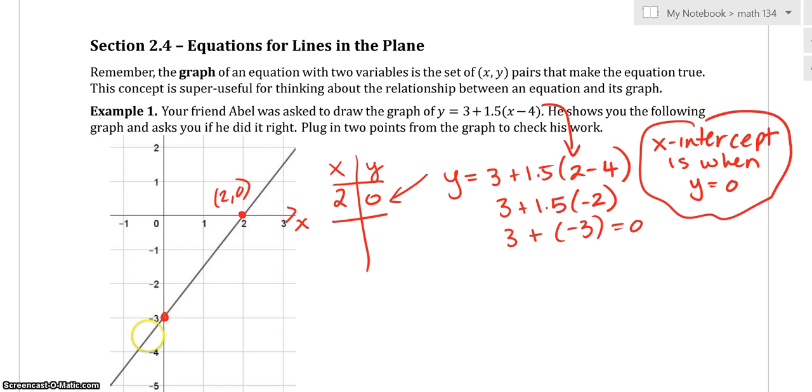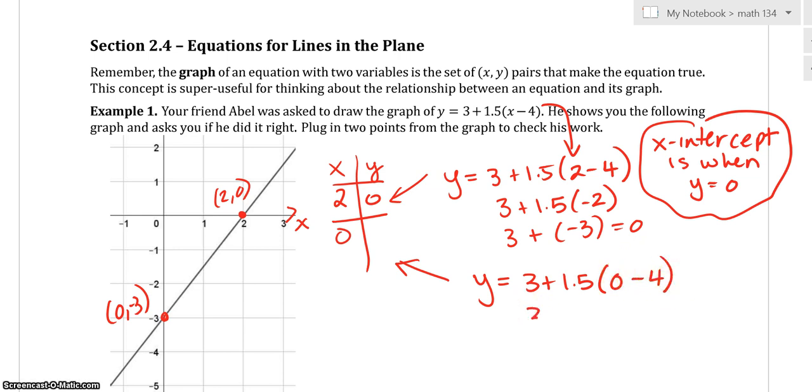Okay, what about this one? This is the point 0, negative 3. So I'm going to plug in a 0 here and see if I do indeed get negative 3. 1.5 times negative 4. Again, you can use your calculator for that, but that's going to be negative 6, which is indeed negative 3.